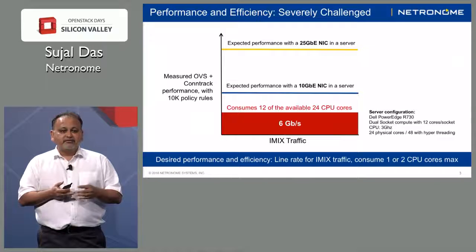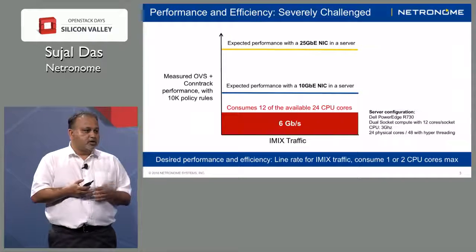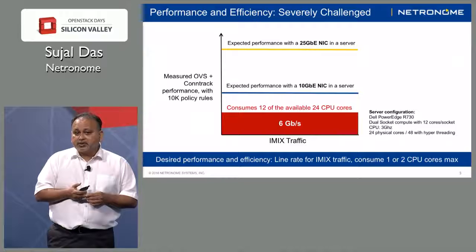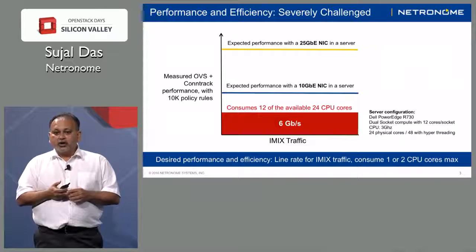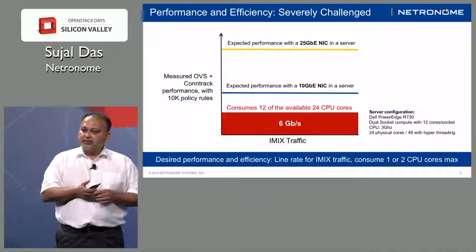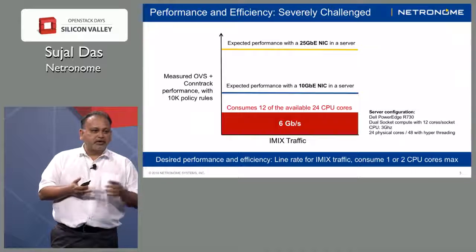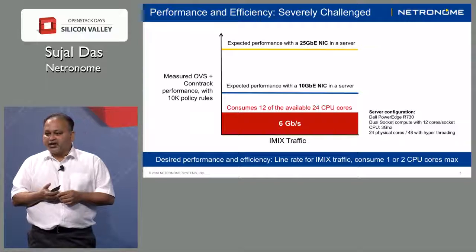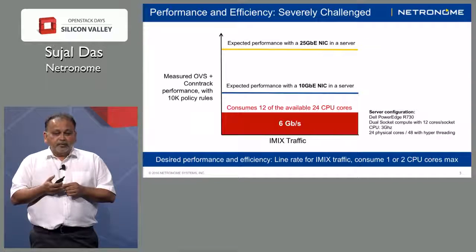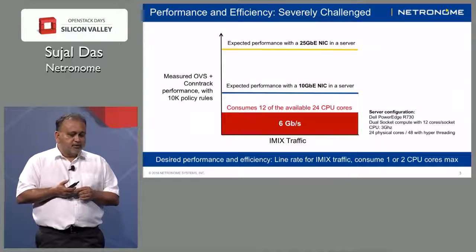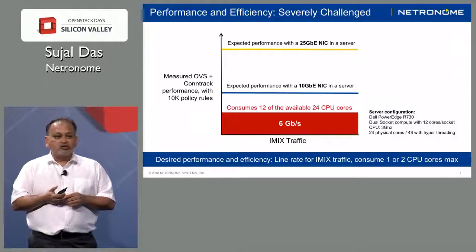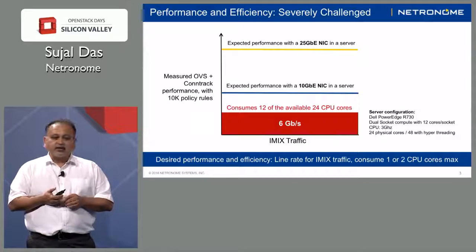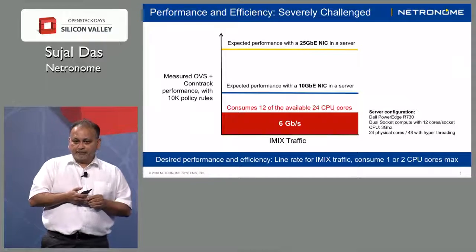So this is a significant performance impact, not only seen by the VMs, but also in terms of the efficiency of the server and the number of VMs you can deploy, essentially taking away the CPU cores that you might be using for revenue-generating VMs and applications. Ideally, you'd like line rate performance and consume no more than 1 or 2 CPU cores for OVS control plane processing, but that's not the case with OpenStack and zero trust security today.